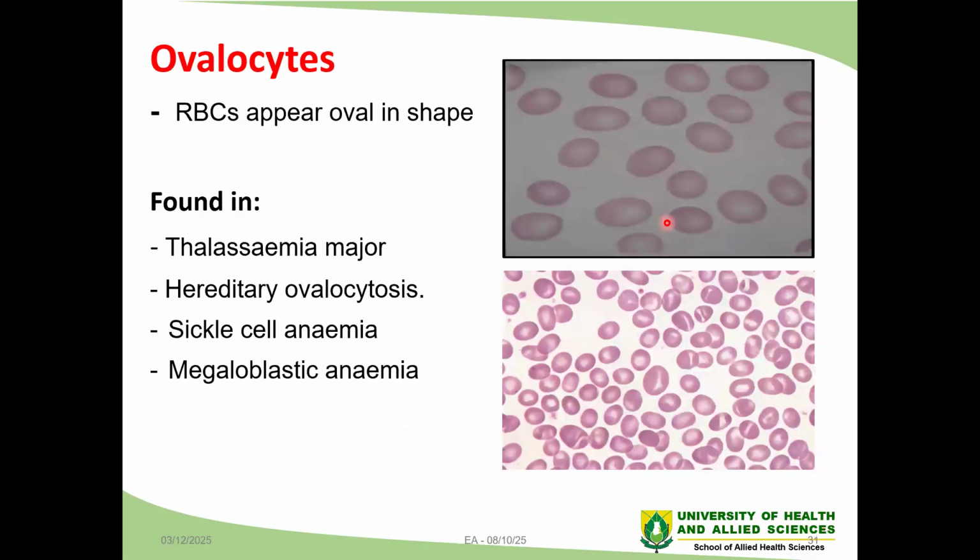All right. So the next set of cells, we call them ovalocytes. Like their name says it all, they are oval in shape. These may be formed as a result of a hereditary condition, or it could also be an acquired shape that may happen during the preparation of the film.